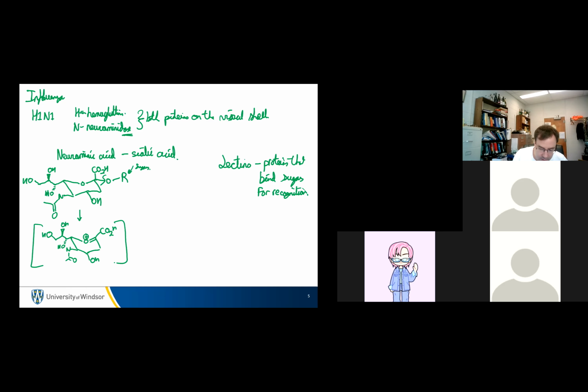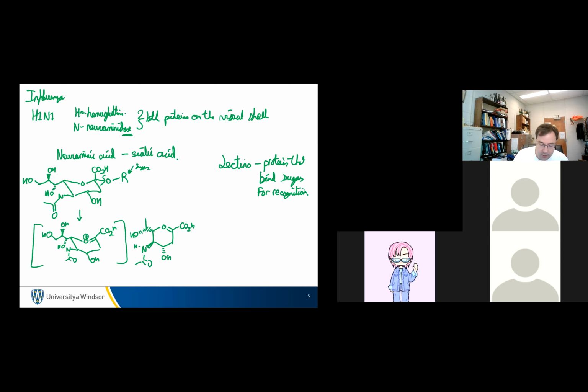I'm going to redraw this as a hexagon kind of form of a sugar. I apologize. I should never do what I just did there.